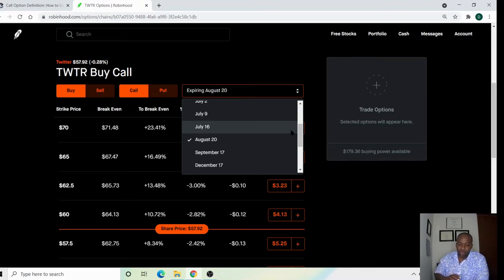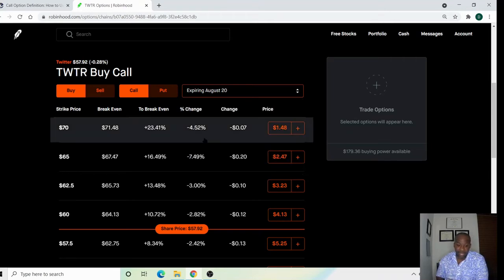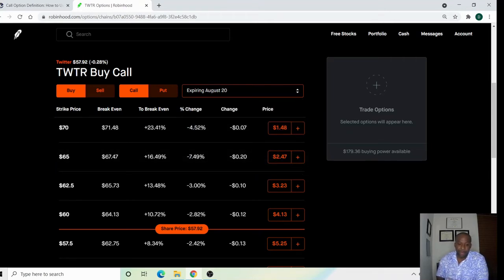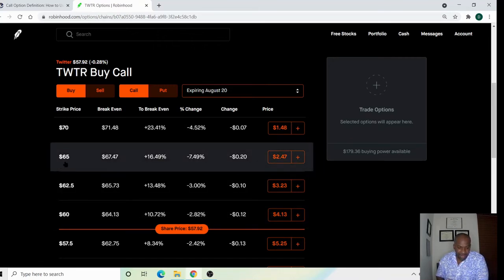We don't know what it can do. I want to give it more time. We actually don't have a crystal ball to know what it's going to do by August 20th. Twitter can very well go down. But let's look at the $65 call here.